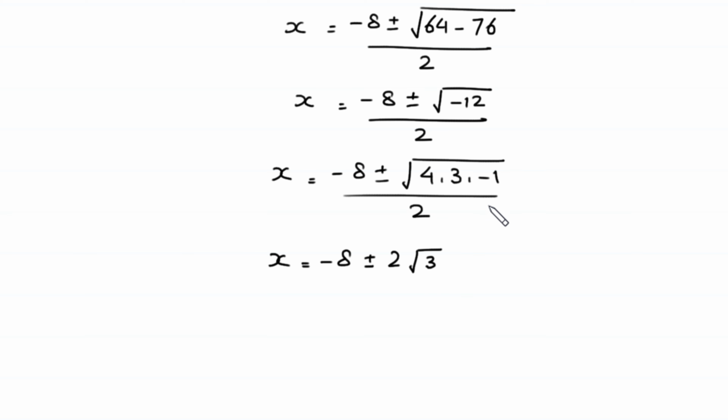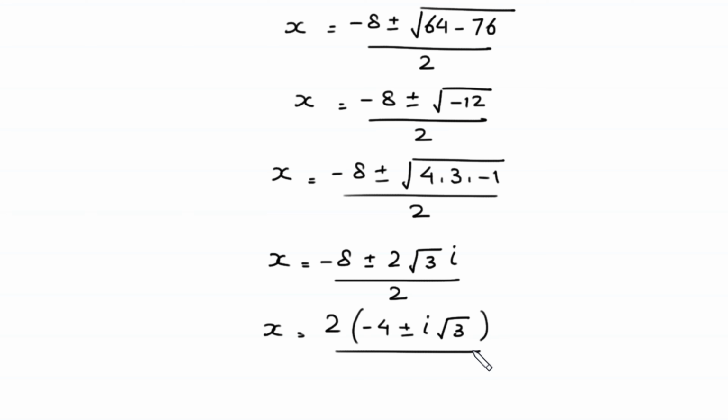This square root of negative 1 is i, divided by 2. Now from here we can factor out 2 as a common factor, and in bracket left, negative 4 plus or minus i times square root of 3, divided by 2. Now this 2 will be cancelled with this 2. We get two values of x.